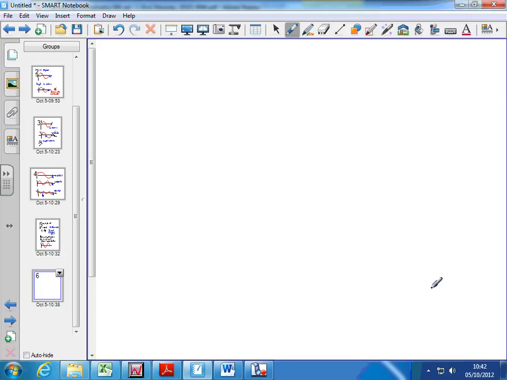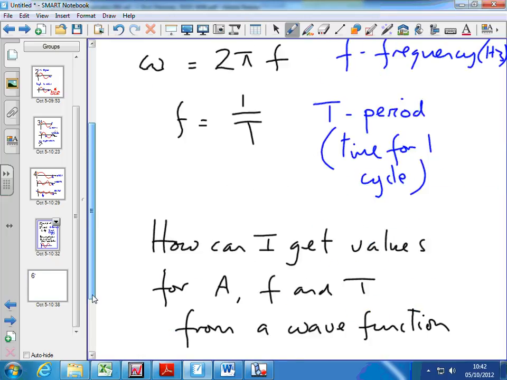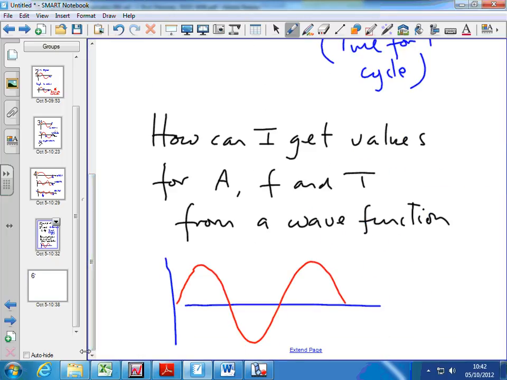So how do I get the period of the wave? The time, what do I do? Nizar, how do I get the period of the wave if I've got this sketch here? What do I do to get the period of the wave? Where from? Okay, from top to bottom?